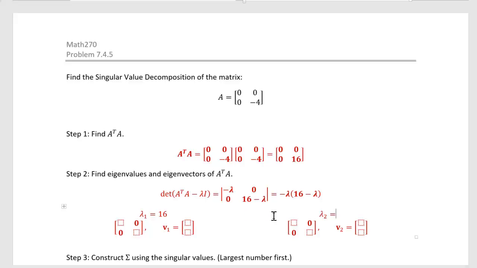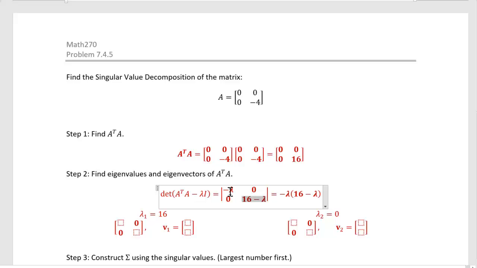In general, we want to put the larger number first when we construct our sigma, our diagonal matrix with singular values. We need to find the eigenvectors for each of these, so we take our lambdas, put them back into our determinant equation, and find the null space.